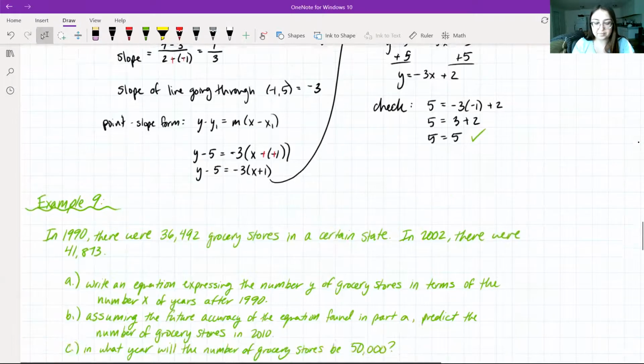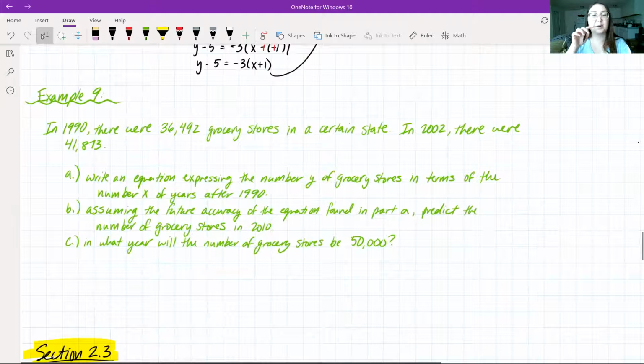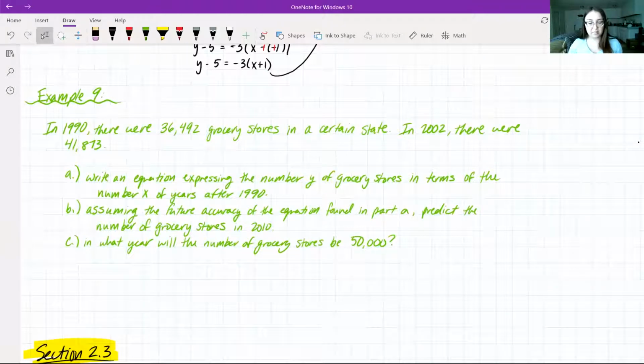All right. Last example of section 2.2 here: in 1990, there were 36,492 grocery stores in a certain state. In 2002, there were 40,873. For part A, we want to write an equation expressing the number y of grocery stores in terms of the number x of years after 1990.